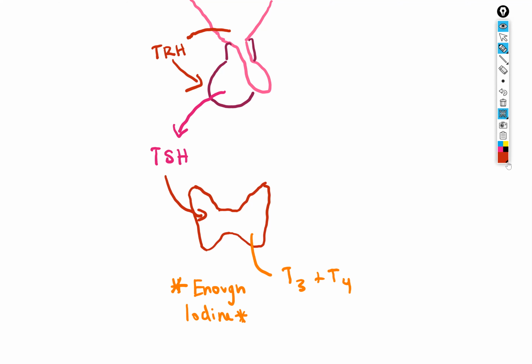So based on how this feedback loop works, T3 and T4 actually feed back negatively on the pituitary and also on the thyrotropin releasing hormone producing cells of the hypothalamus.